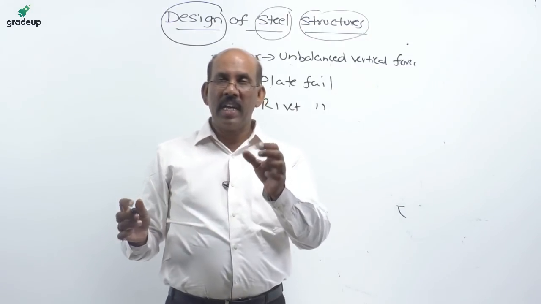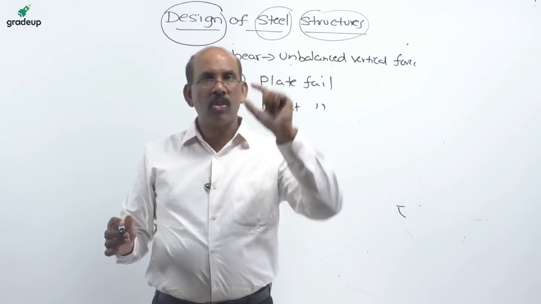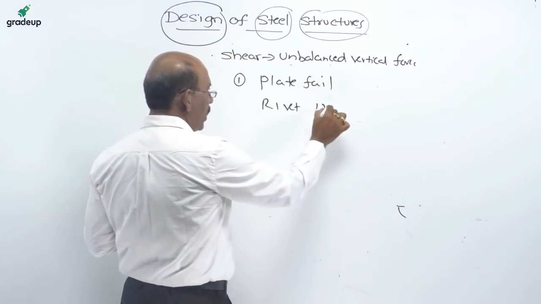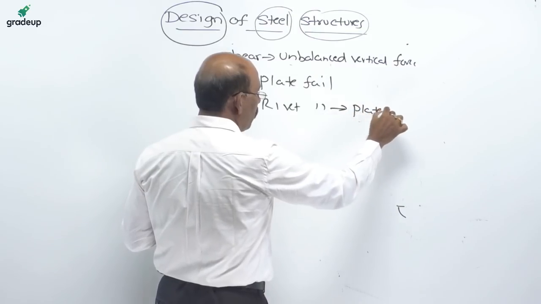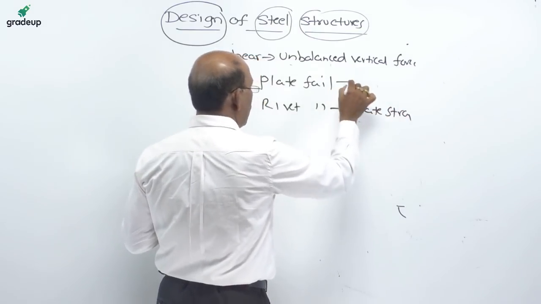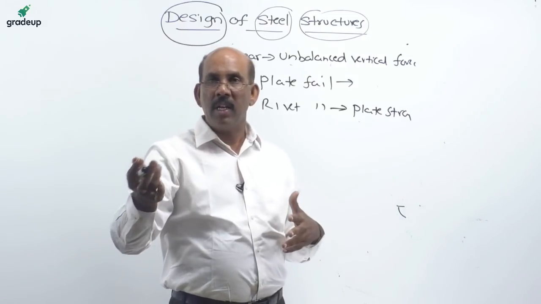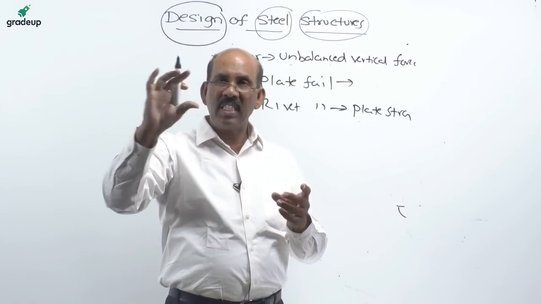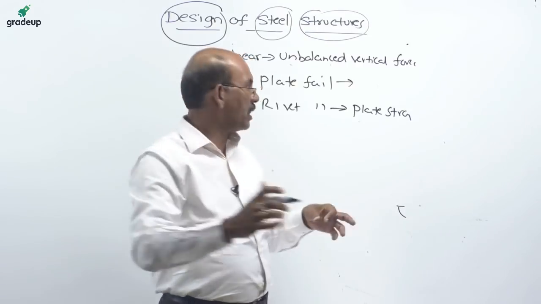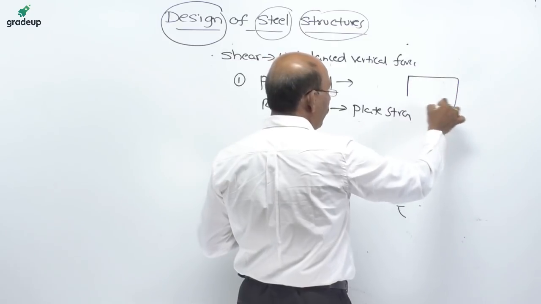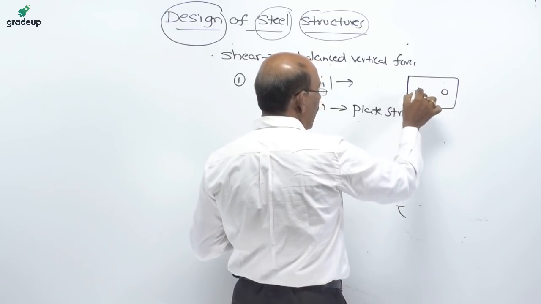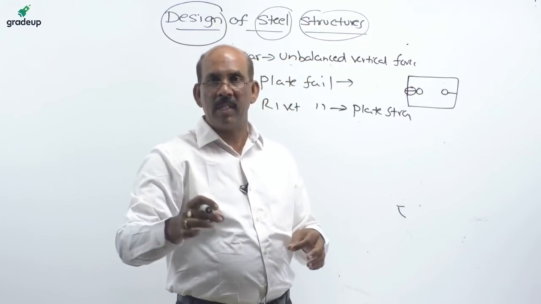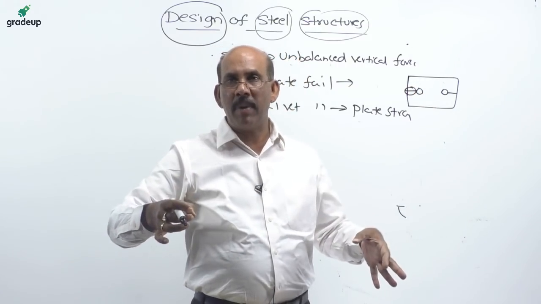In case of tearing, if the plate is made with a strong material, the rivet is going to fail. If the plate fails, it is made with a very weak material and the rivets are strong, so only tearing will take place. That is why sufficient edge distance is to be provided to the sides, otherwise tearing will take place, meaning the plate is broken and a crack will develop.